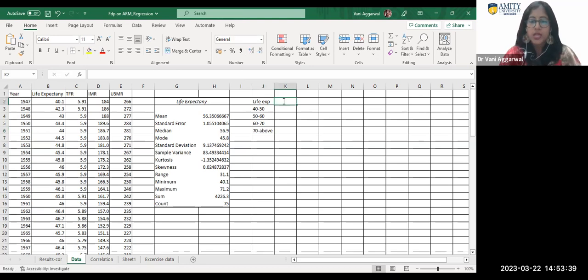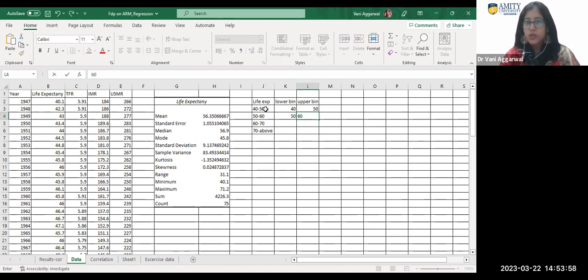Okay, so next we will create here lower bin and upper bin. For example, here lower is 40, upper is 50. Lower is 50, upper is 60. Or what you can do, you can add one row here, 0 to 40 as well.